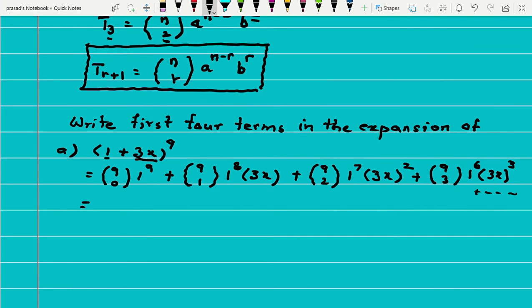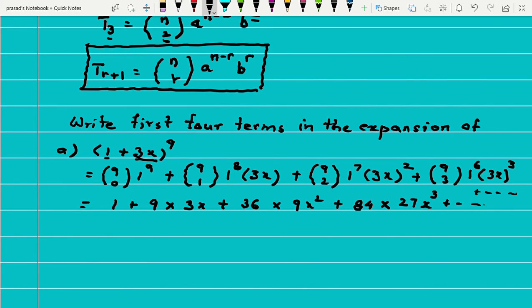So now 9C0 is 1 and 1's any power is 1. So the first term will be 1, then 9C1 is 9 into 3x, then 9C2 will be 36 into 3x the whole square, that is 9x square, then 9C3 will be 84 into 3x the whole cube, that will be 3 cube into x cube, 27 x cube.